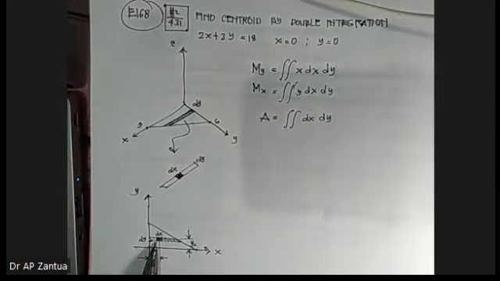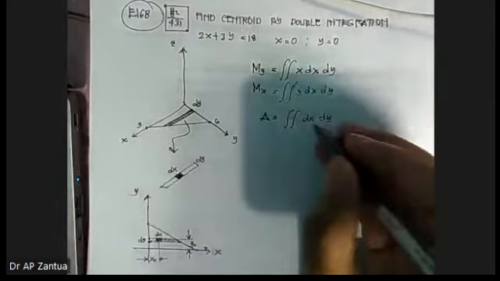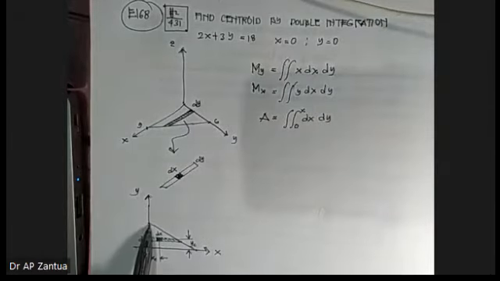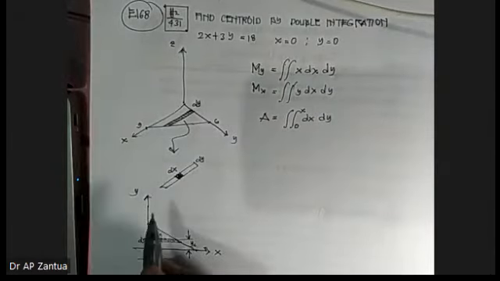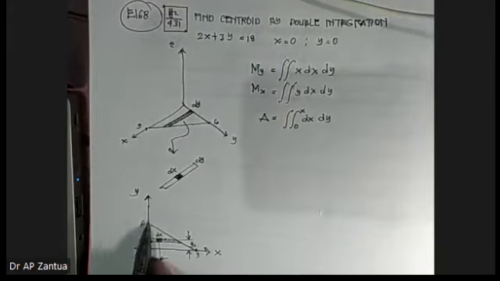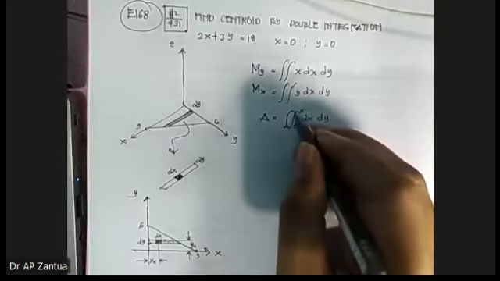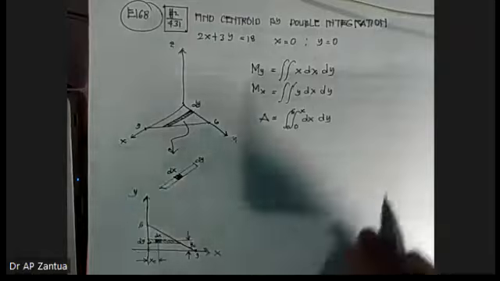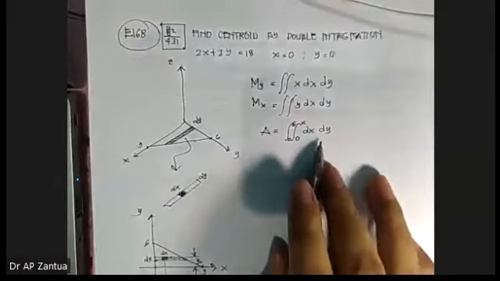The limit for x is from 0 to this curve, which is x. What about y? What is the limit for y? 0 to 6. This is actually 9, but for y it is 0 to 6. And then we can find out the area.